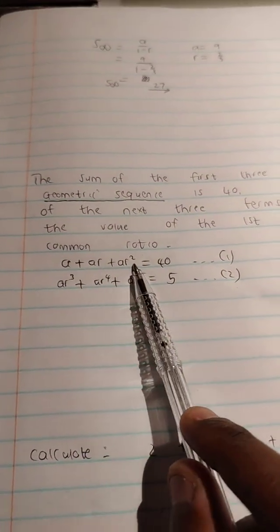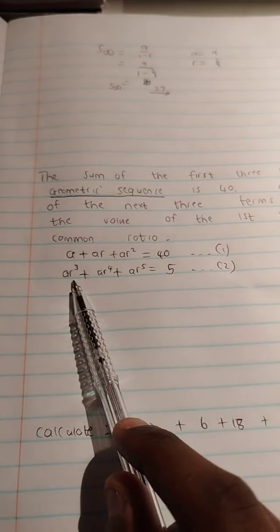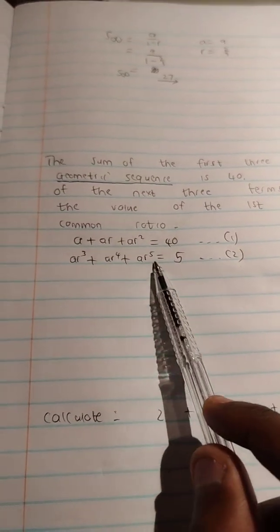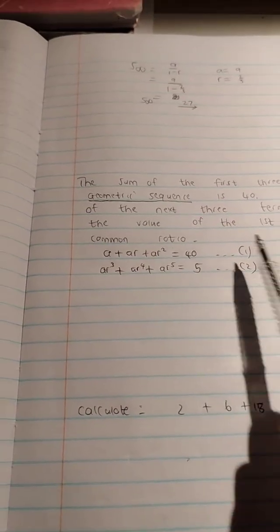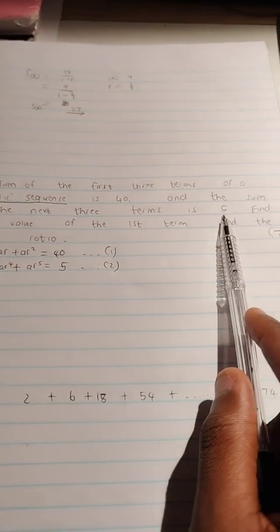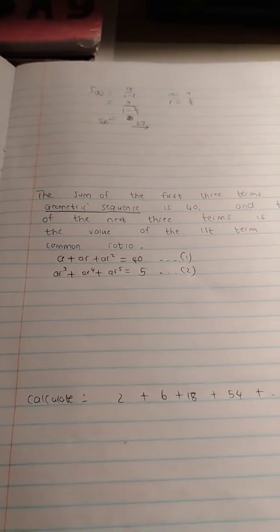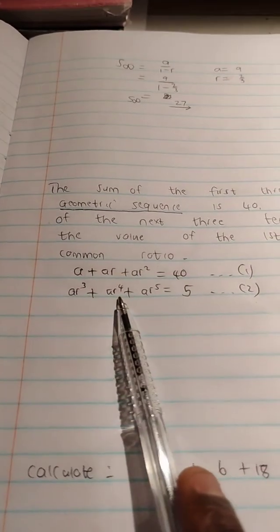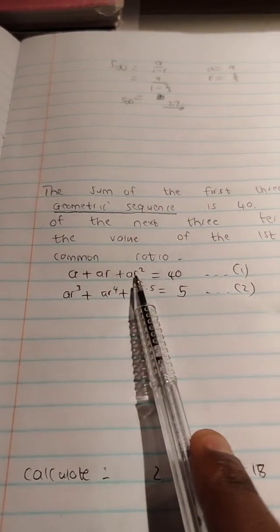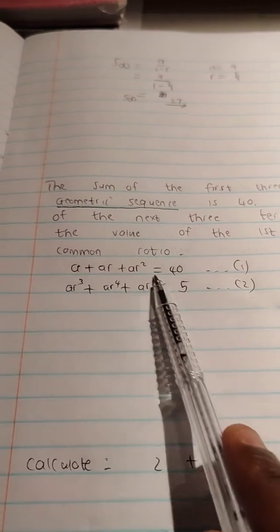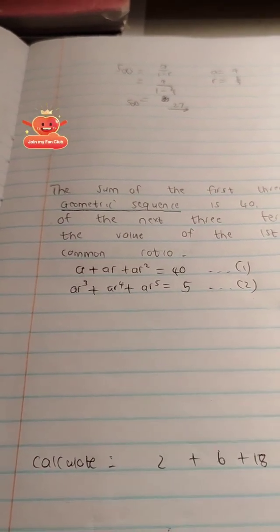A plus AR plus AR squared is equal to 40. AR to the power 3 plus AR to the power 4 plus AR to the power 5 is equal to 5. I hope we understand this, guys, the setting up of our 2 equations. Now the next thing that we need to look at: is it possible for us to simplify this any further?